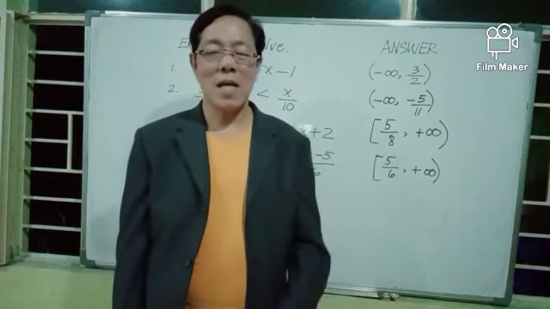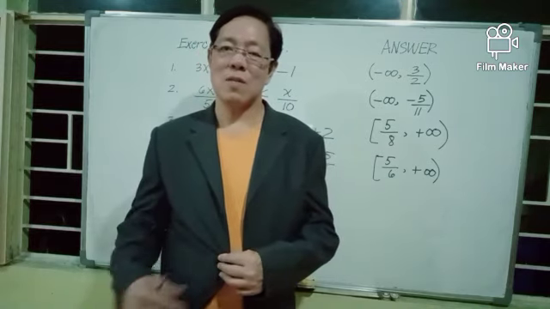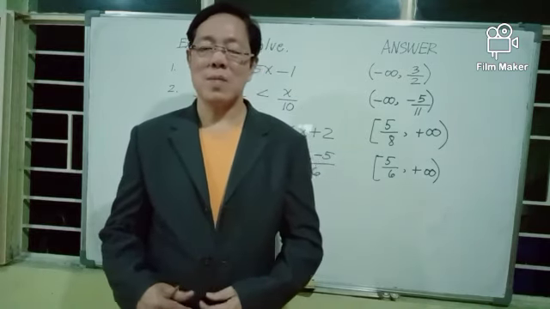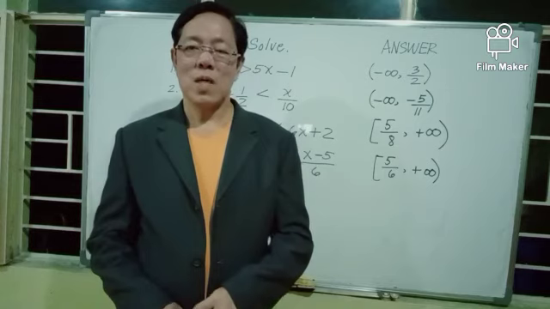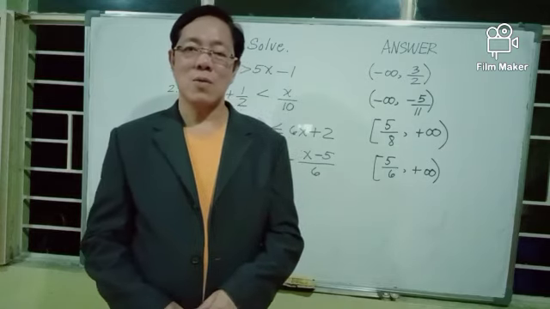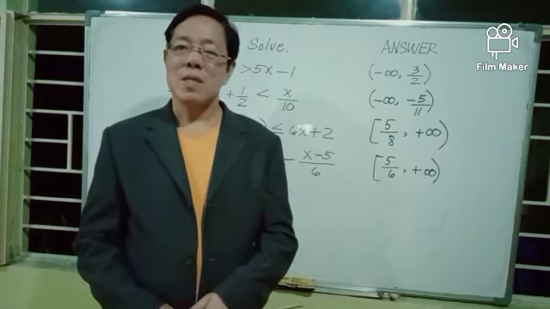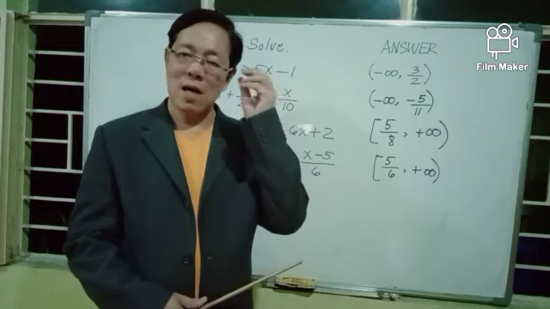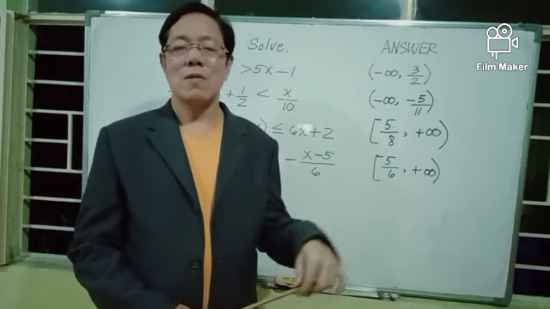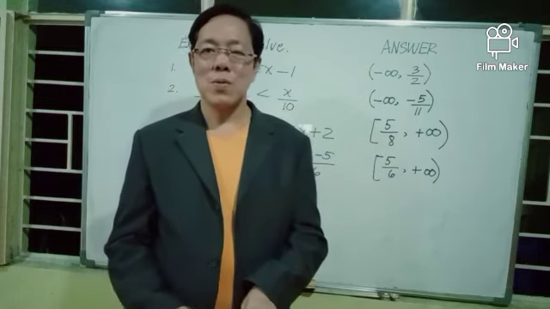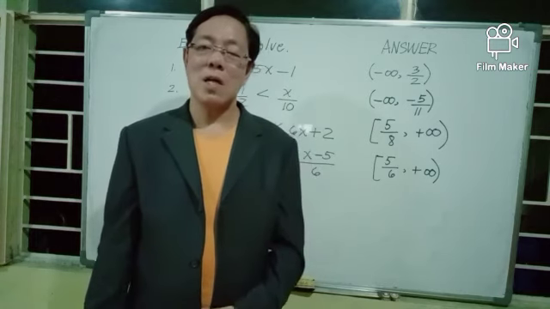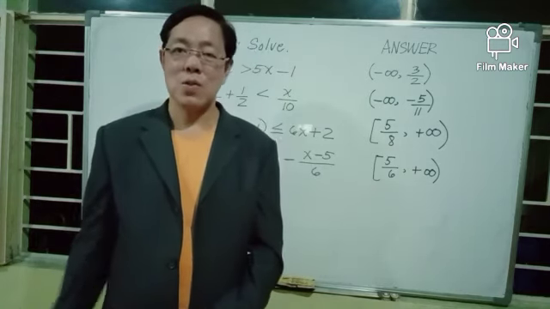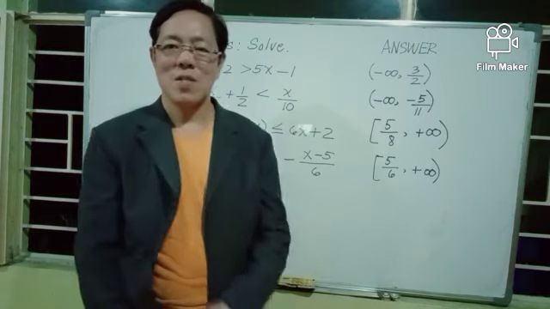And in the next examples, we will consider problems with cases, and the solution for these linear inequalities that result in two or more cases would be the union of the solutions of the cases considered.